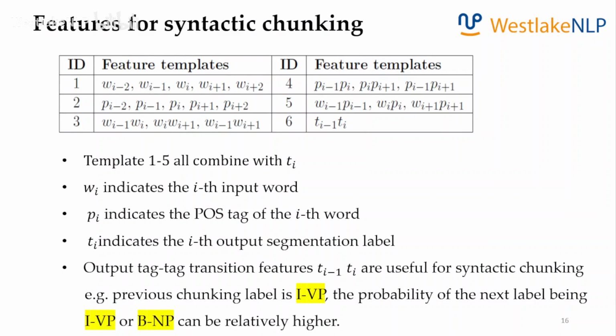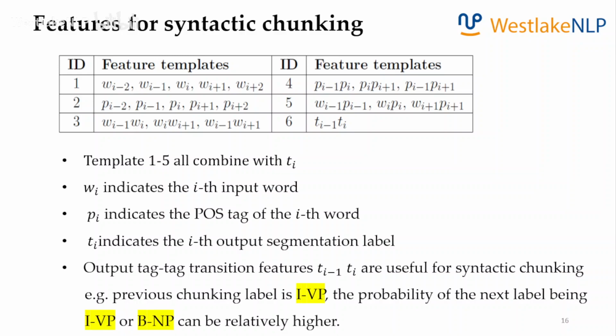What if the previous word is this, and the current word is tagged as the beginning of a noun phrase? The second category is part of speech unigrams. What if the next word is a noun, and the current word is tagged as this category, this syntactic chunk?